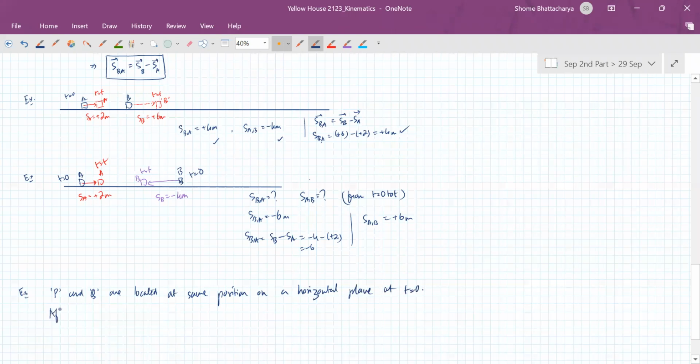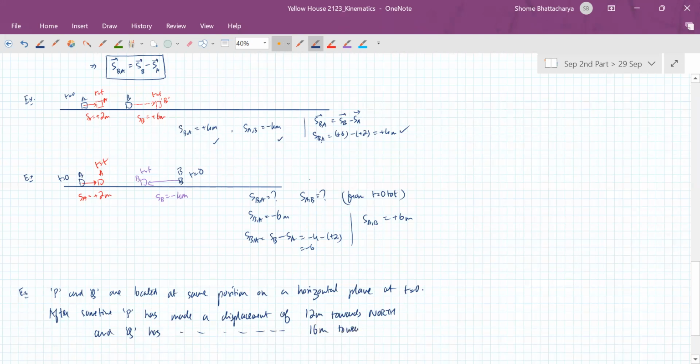Now, after some time, P has made a displacement of 12 meters towards north, and Q has made a displacement of 16 meters towards west.